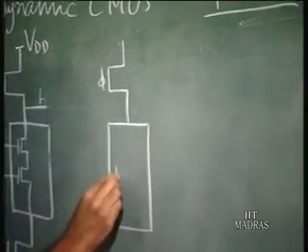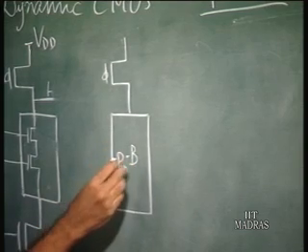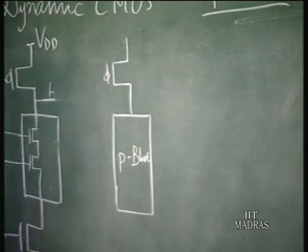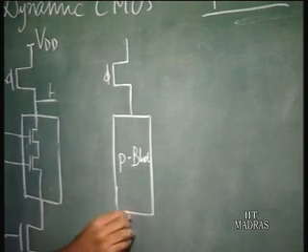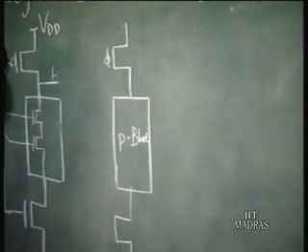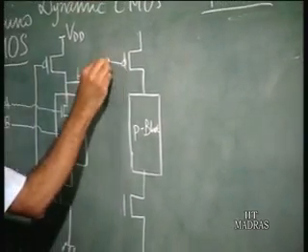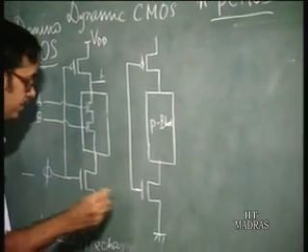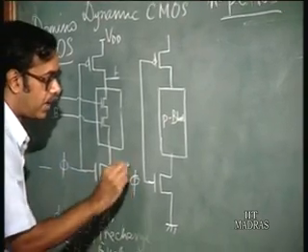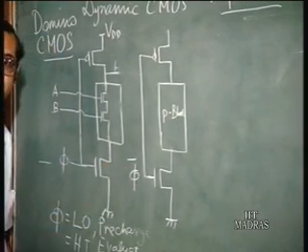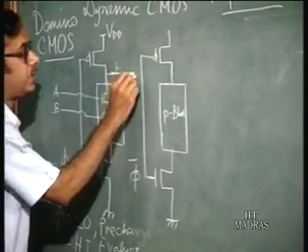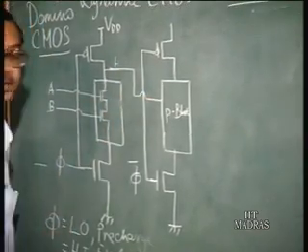This is actually a P block, not an N block. It's a P block consisting of PMOS transistors, and here you have the NMOS transistor. So here, instead of phi, phi bar is applied, the complement of phi is applied, and so this output here can be fed directly as input here.